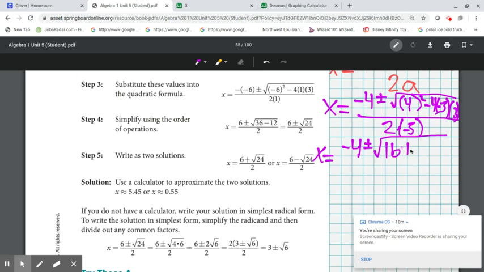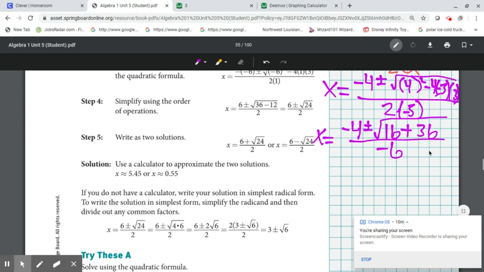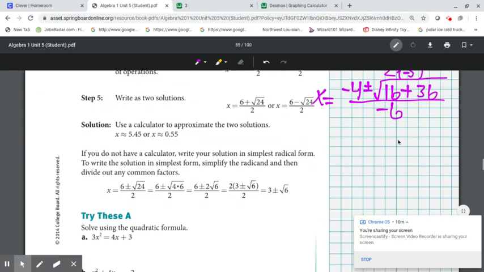So this is going to become plus 36. And we can go ahead and multiply the bottom, which is going to be -6. All right, so x is going to equal -4 plus or minus the square root of 52 divided by -6.